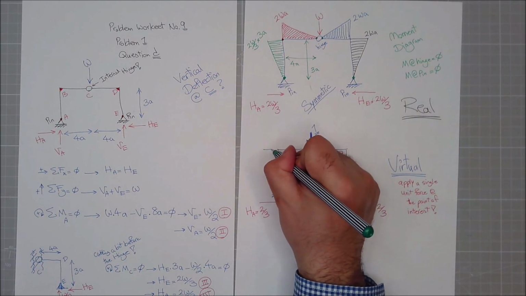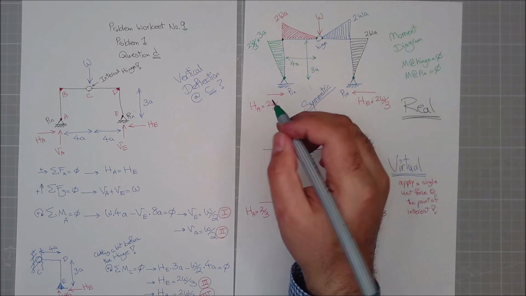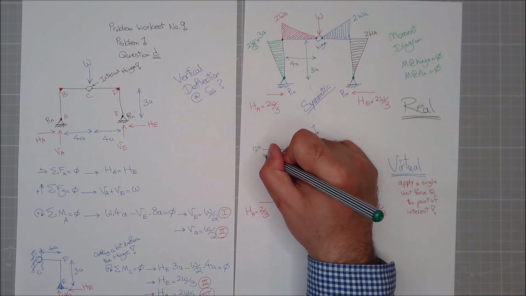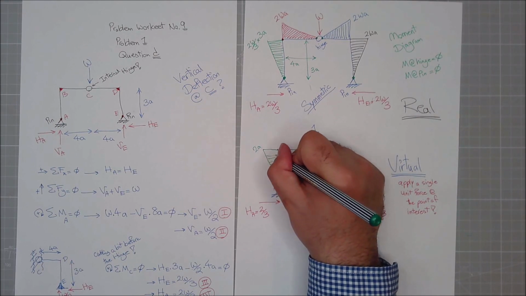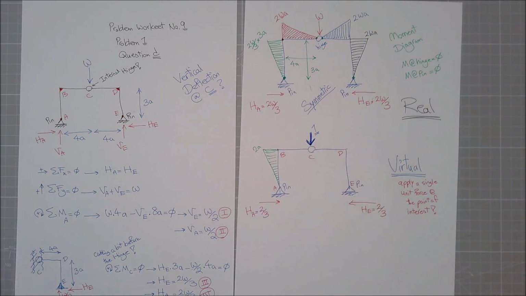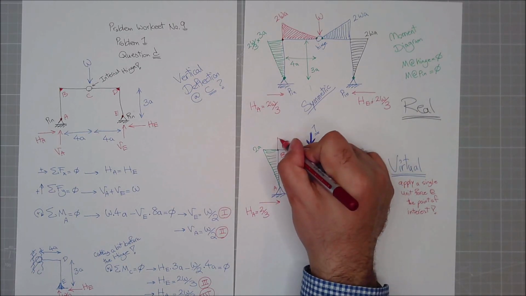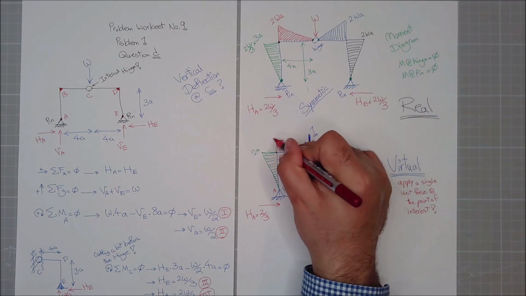So 2WA will be 2A. Just replaced W with 1. This one will be 2A as well. At the hinge, the moment is 0, so it went all the way to 0.